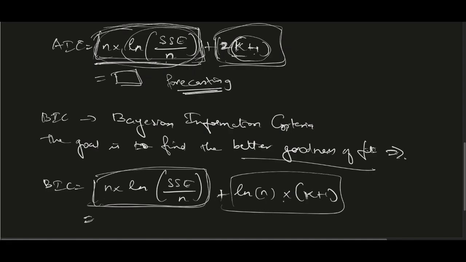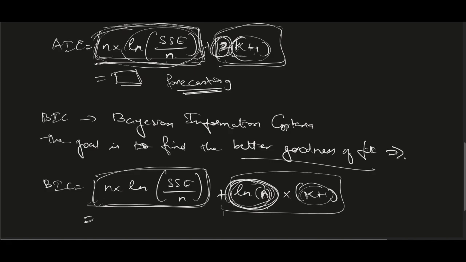We take the total variables, and then multiply by the log normal of n. Generally this ln of n will be more than 2. In AIC it is 2, whereas in BIC you will get more than 2.